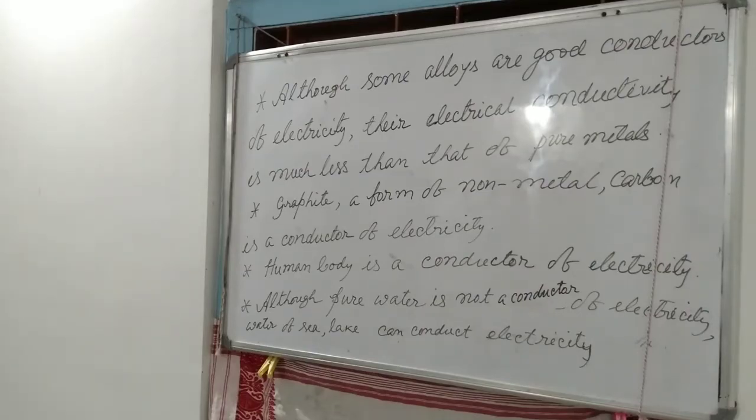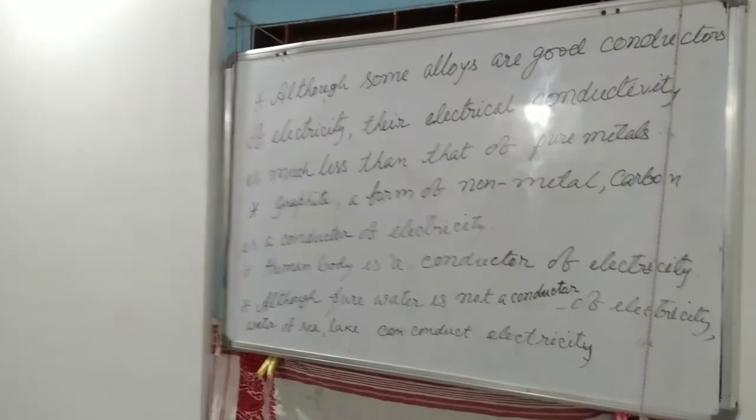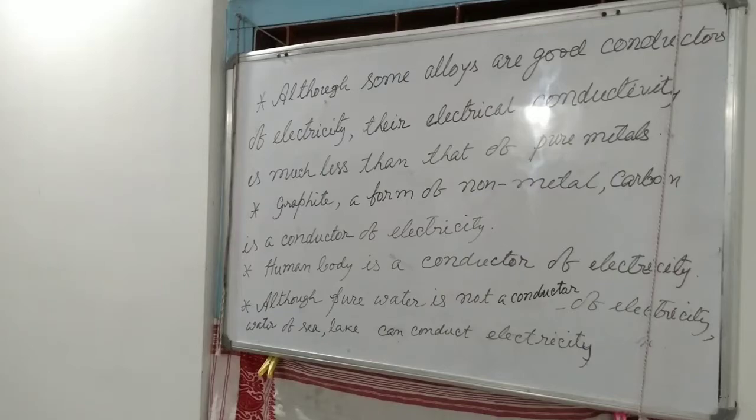This common salt, sodium chloride, is made of two opposite ions, sodium ion Na+ and chloride ion Cl-, a cation and an anion. So they can conduct electricity, but pure water can't conduct electricity. If you collect rainwater, it will not conduct electricity.